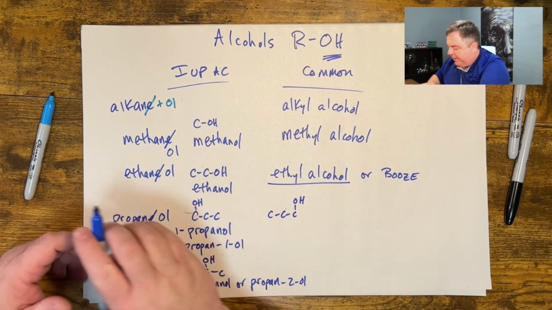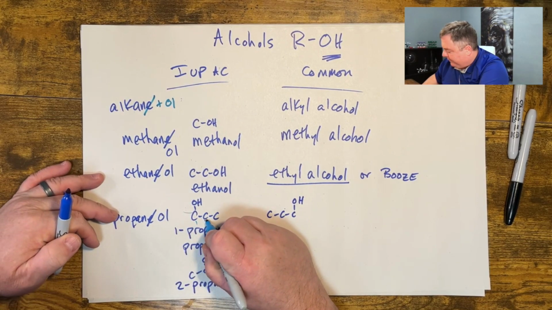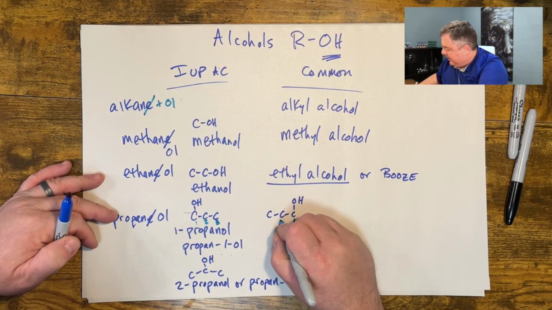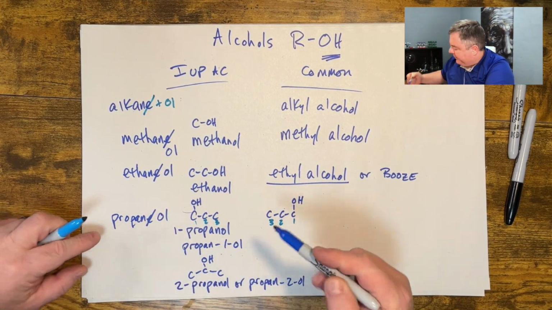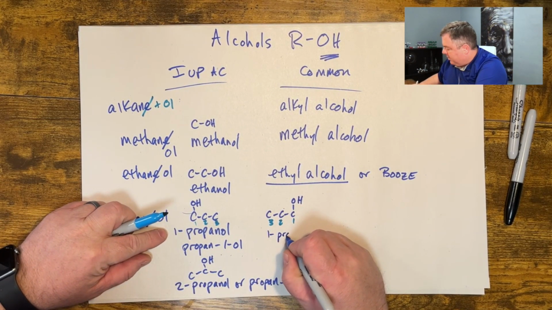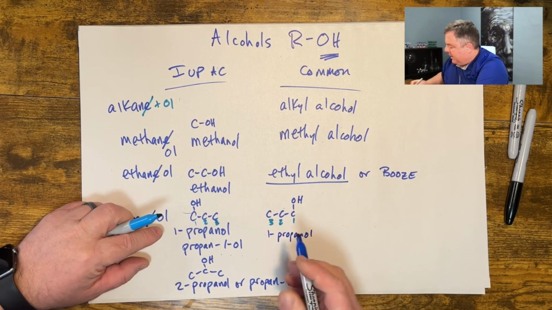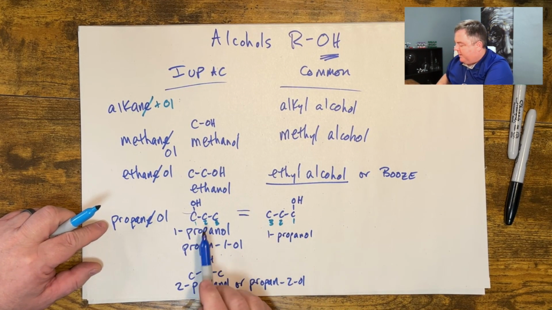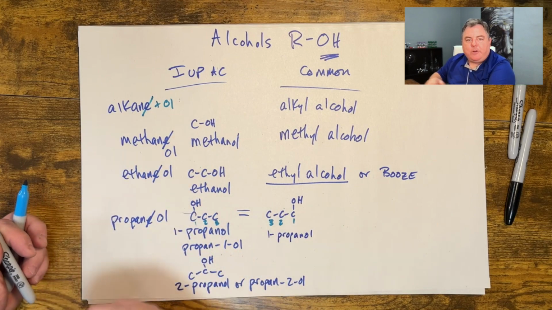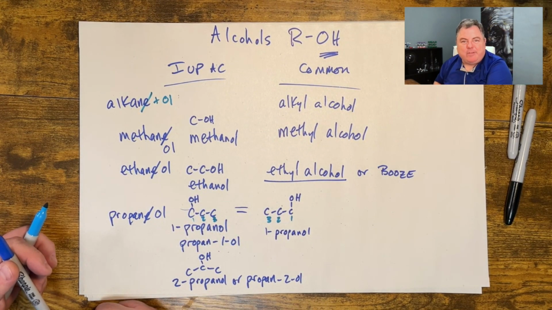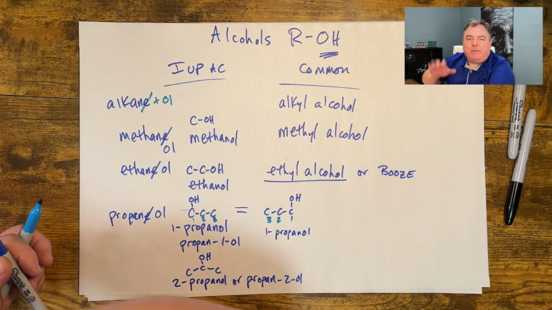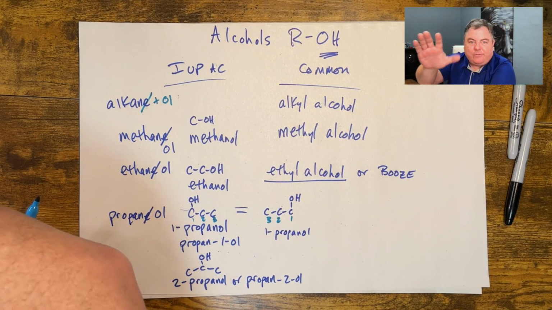Because you can number the carbons from left to right or right to left. It doesn't really matter. But you want the alcohol to be on the lowest carbon. So this is also 1-propanol. This is the exact same compound as this one. You just take the compound and you flip it over, and this becomes this. So we have to have the same name for the same compound. Doesn't matter if you're looking at something like this or like this, it's still my right hand.